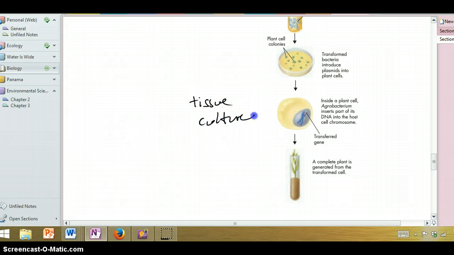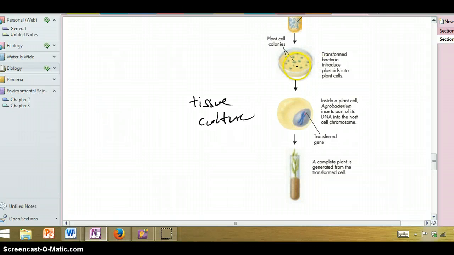Plants are much easier to manipulate than animals. You can take a piece of leaf or a root from a plant, and under the right conditions, you can get it to grow a whole new plant, whereas with animals, you typically can't take a piece of an arm or a leg and grow a whole new animal. It doesn't work. But it's much more easily done in plants.